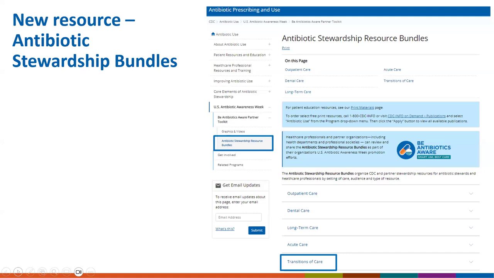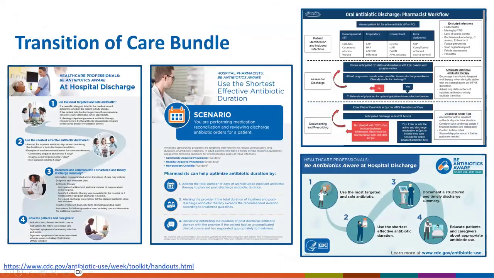Next slide. And here is an example of the transition of care bundle. This shows a fact sheet of stewardship considerations at hospital discharge, including a social media graphic, which is newly released, you can see on the right-hand side, and then resources for optimizing duration, specifically for pharmacists.